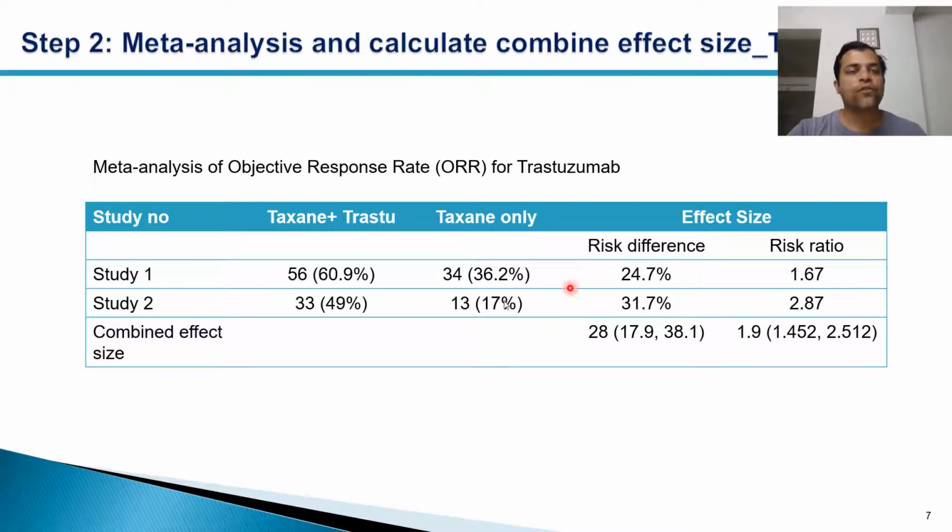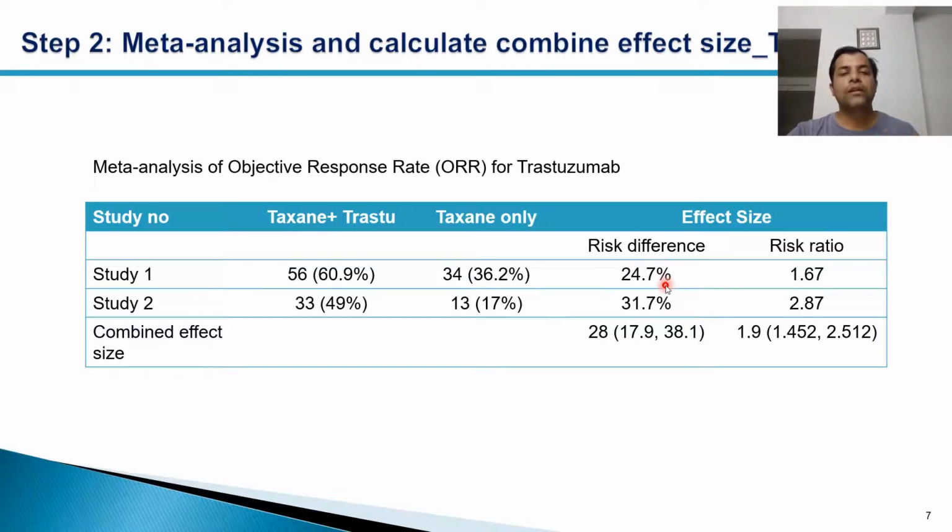So risk difference for study 1 is 60.9 minus 36.2. So the count will be 24.7. Then risk ratio will be 60.9 divided by 36.2. Okay, and similarly you will have risk difference and risk ratio for study 2. So we have 24.7 and 31.7 risk difference.